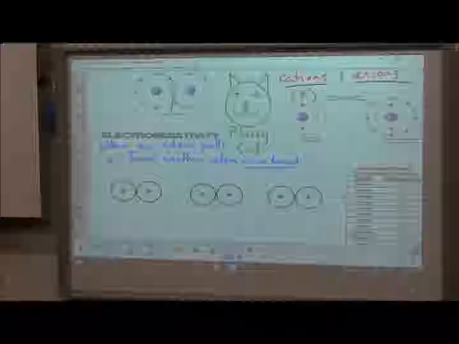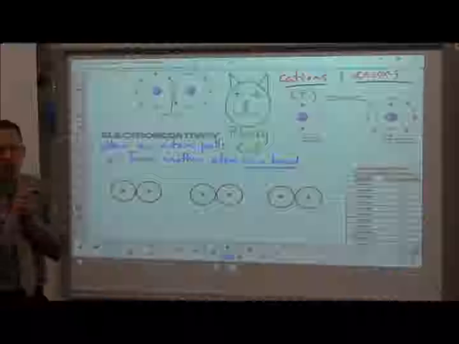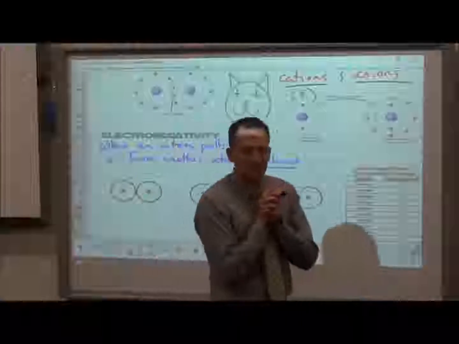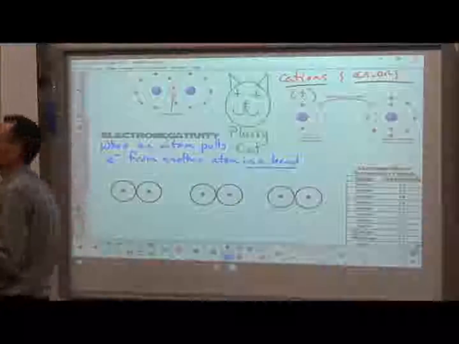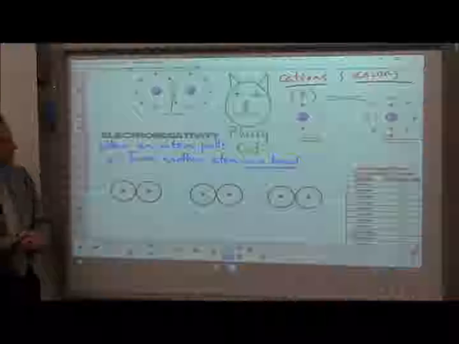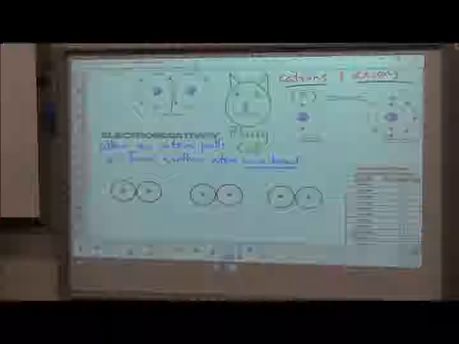We learned a bunch of trends, and I know they probably just fell on your desk, and then you pushed them into the garbage or onto the floor, thinking you'll just remember a corner and be good. Totally agree. But as we go, we're going to isolate one at a time, and this is a really important concept. Electronegativity is when you have two bonded atoms, and one of the atoms pulls the electrons away from the other one.